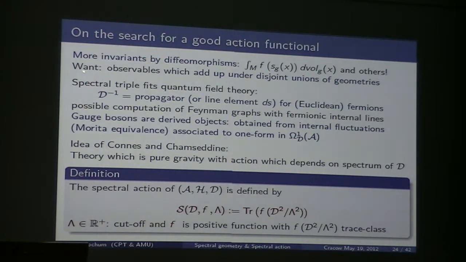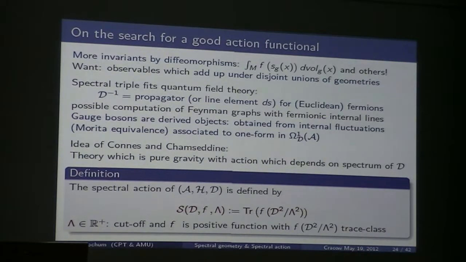The second remark is, as I said a little bit before, the spectral triple fits perfectly the quantum field theory. It is said that the inverse of the Dirac operator can be seen as a propagator for your fermions. Here everything is Euclidean. And this means that you can compute, in principle, all Feynman diagrams with fermionic internal lines.